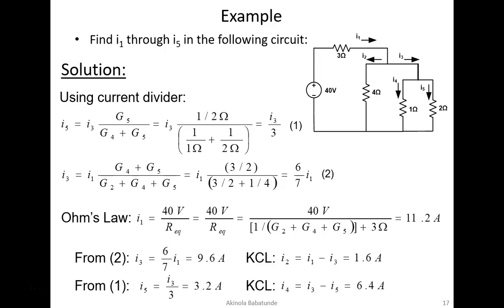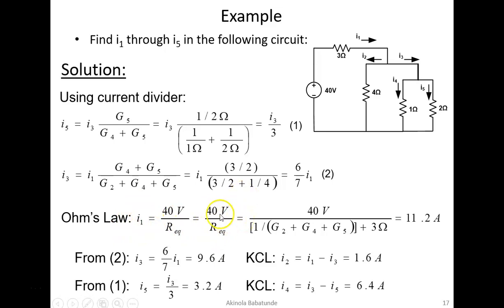You can use G and say, since G is equal to 1 over R, you can convert all the resistances in the circuit to G, and then use that to solve your problem. Or you can use R, since you already have R in your circuit, and this becomes your R equivalent. In the case where you want to use G, this becomes I1 equal to 40 volts times G equivalent.